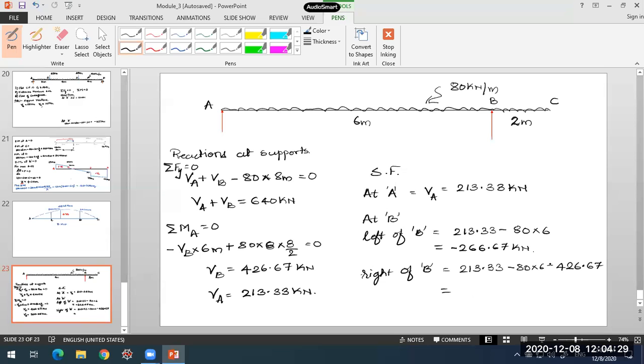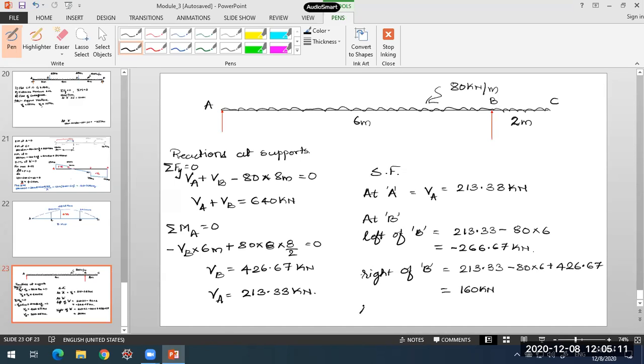Sorry, this is plus, not minus, because it will be to the left when I cross this point B, and left side upward force will have a positive sign. So this comes out to be 213.33 minus 80 into 6, UDL downwards, plus this VB acting upwards, so plus 426.67 kilonewton. This is 160 kilonewtons.